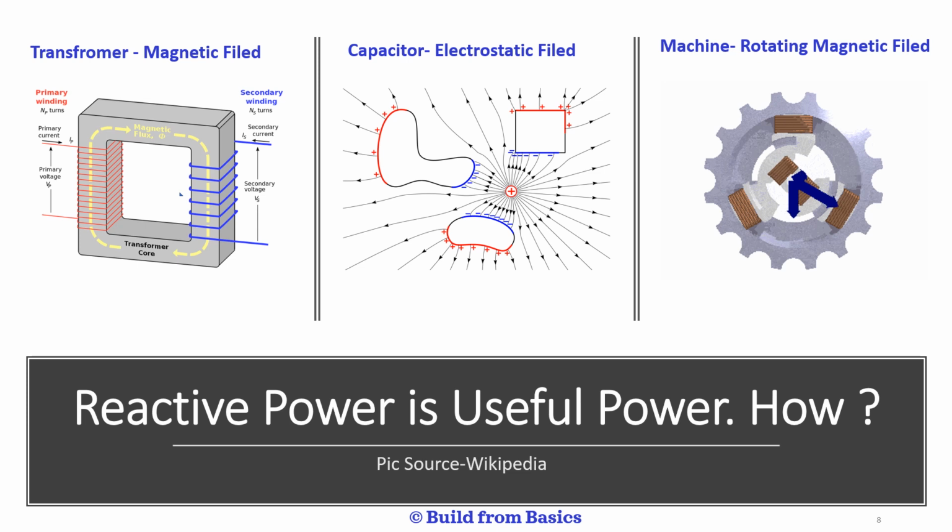To minimize the Ferranti effect, we use shunt inductors to minimize the voltage rise, and sometimes we use shunt capacitors to improve the voltage profile at the load centers. Therefore, without reactive power, most of the power system equipment and consumer loads will not work. The conclusion is that reactive power is very useful in the power system.